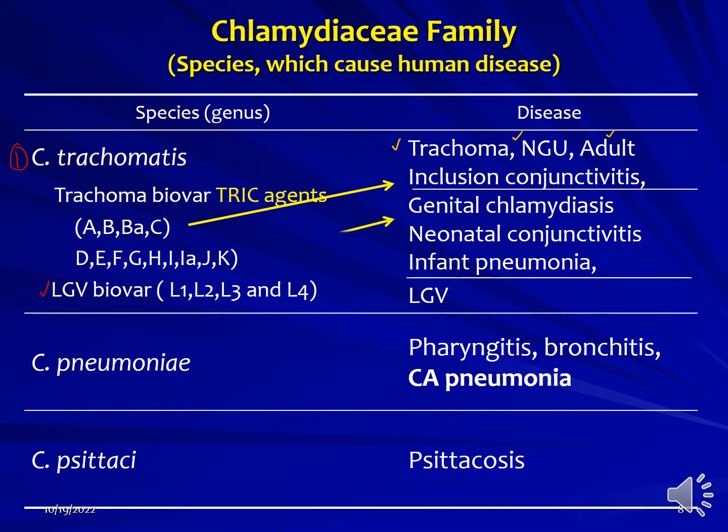And then the next serovars like D, E, F, G, H, I, J, K are responsible for genital infections or genital chlamydiasis, and also neonatal conjunctivitis and infant pneumonia.